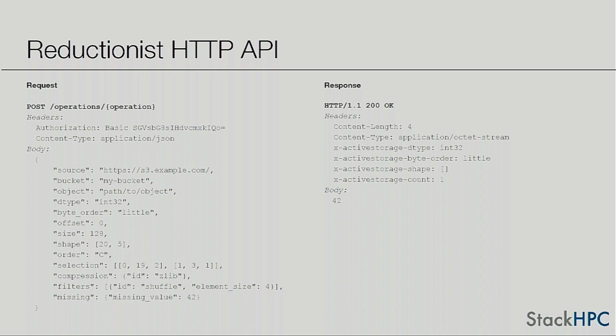So what does the API look like? Well, you make an HTTP post request to the operations endpoint. You need to pass it a header with basic auth containing your S3 credentials.